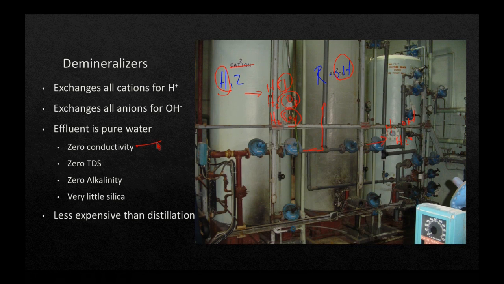Okay? Zero conductivity, no TDS, no alkalinity. Well, and ideally zero silica. So if this one here has a strong base type of resin, it'll remove silica. Now it doesn't remove like 100% of the silica, but maybe 99.9% of the silica.